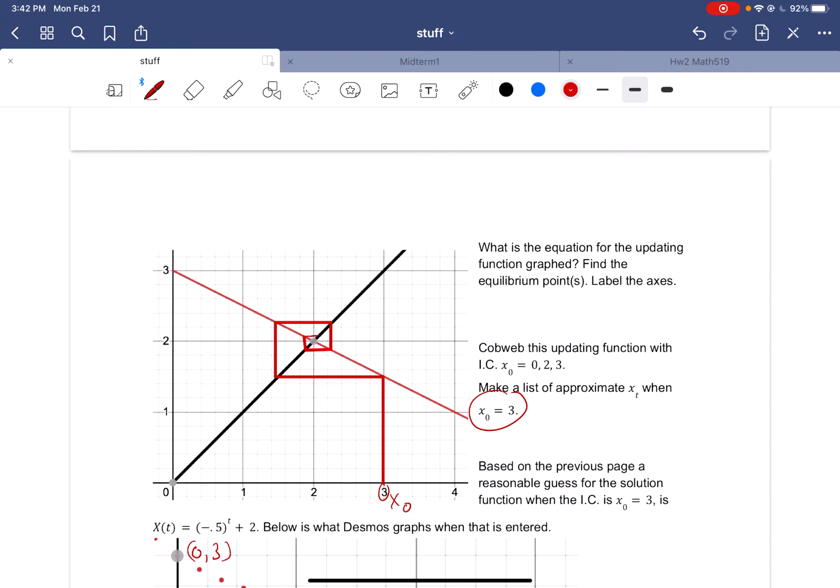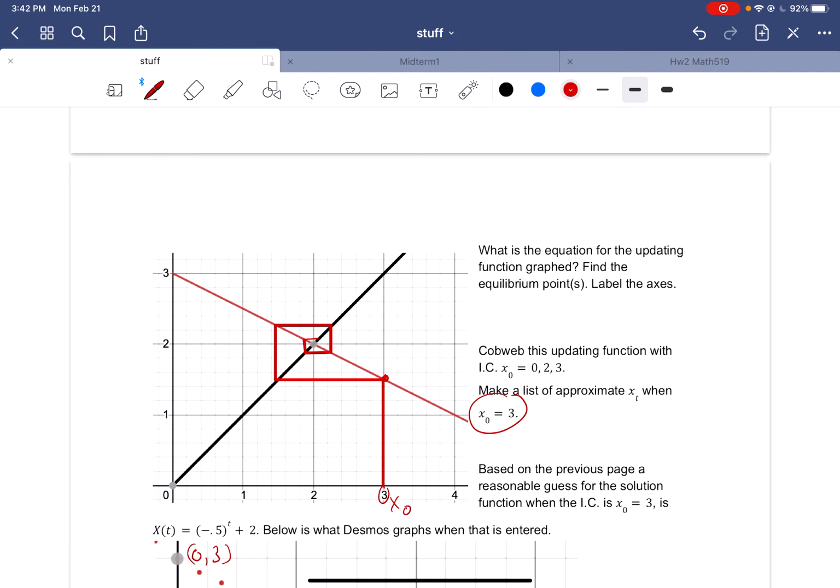If I were to start to get a list for these points approximately, I really only care about the y value. What is this first y value? It's going to be called x sub 1, and it looks like it's about 1.5. I only care when I intersect my updating function. This line y equals x is just to get me in the correct spot.